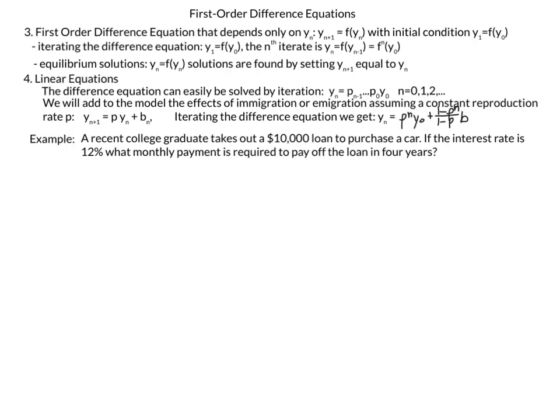Here I have our general solution for this linear difference equation, where the difference equation looks like y_(n+1) equals rho y_n plus b_n, the immigration, rho being the growth rate, and here is our solution for that difference equation.